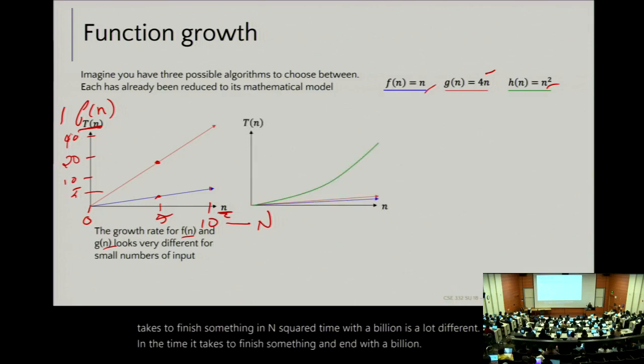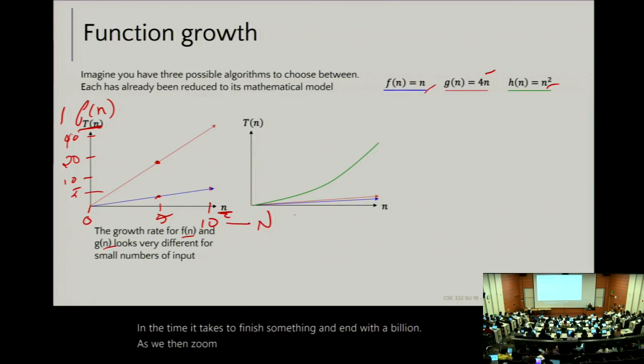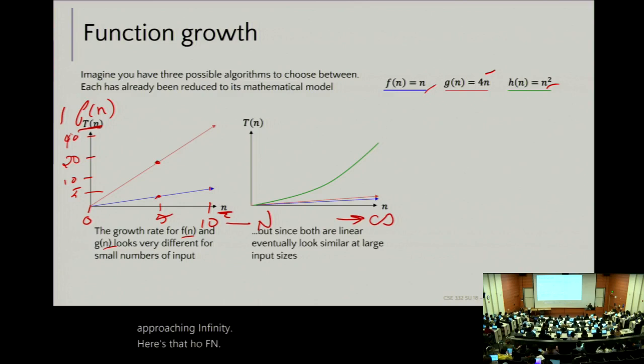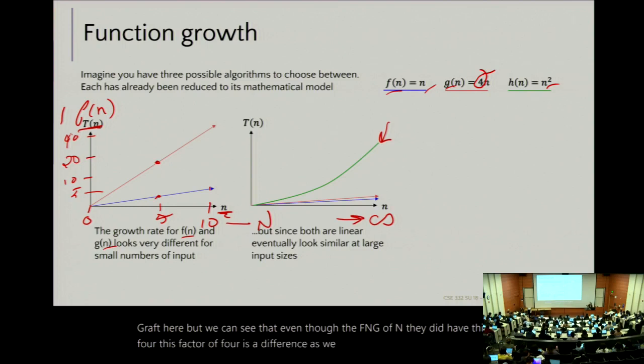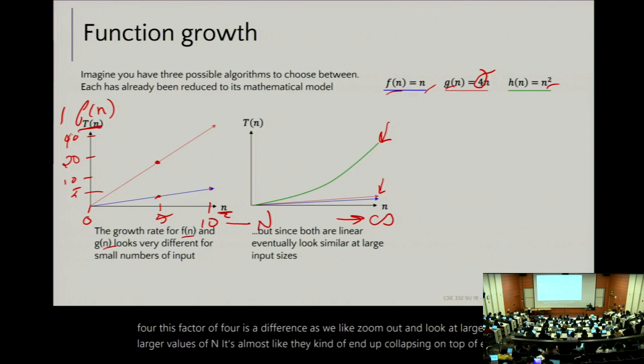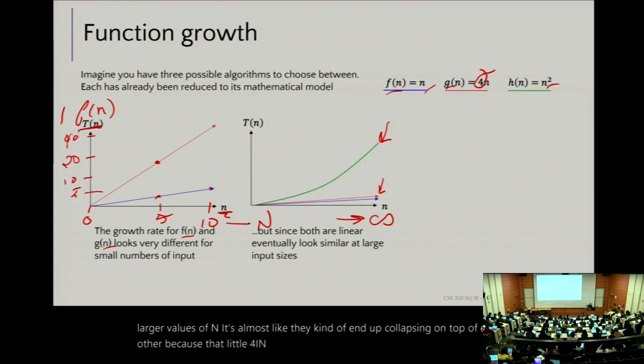As we then zoom out and n gets larger and larger, so now n is closer to approaching infinity, here's that h of n graphed here. But we can see that even though the f of n and g of n did have this factor of 4 as a difference, as we zoom out and look at larger and larger values of n, it's almost like they end up collapsing on top of each other, because that little 4 in relation to infinity just becomes so negligible.